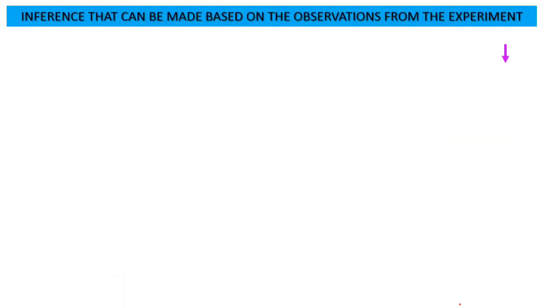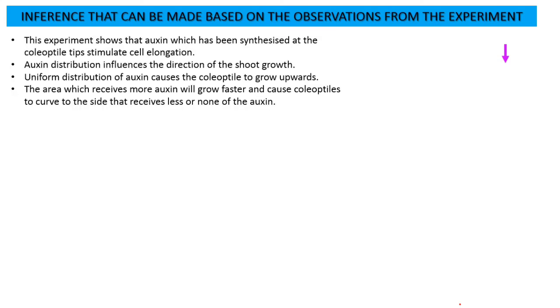So, the inferences that can be made based on the observations from the experiment. The experiment showed that auxin, which has been synthesized at the coleoptile tips, stimulates elongation. Auxin distribution influences the direction of shoot growth. Uniform distribution of auxin causes the coleoptile to grow upwards.